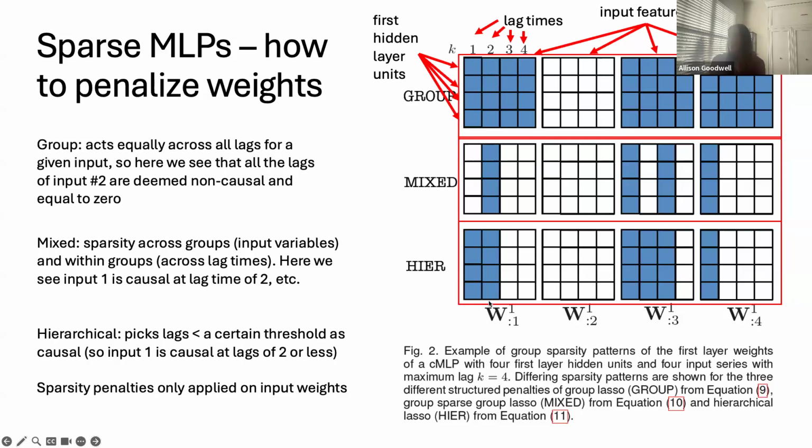So in this example, you'd say that input number 1 is causal at lag times of 2 or less, and input number 3 is causal at lag times of 3 or less. So you kind of have a maximum lag time at which a certain variable is causal. And again, these sparsity penalties are only applied on the input weights.